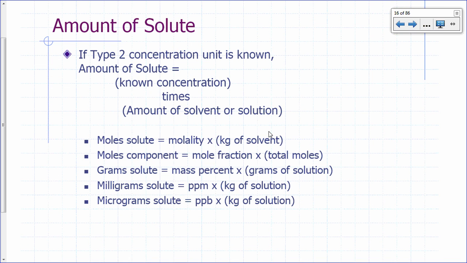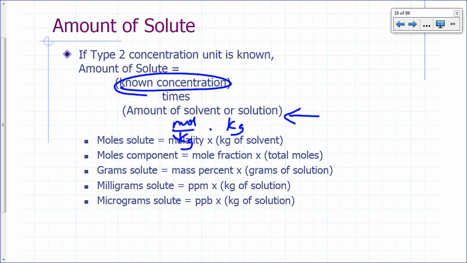Now, what if you have a type 2 concentration? How do you determine the amount of solute? Well, just multiply the known concentration by either the amount of solvent or solution, depending on which one you use in the definition of the concentration. For example, molality is moles of solute per kilogram of solvent. You multiply that by the kilograms of solvent, and that gives you moles of solute.